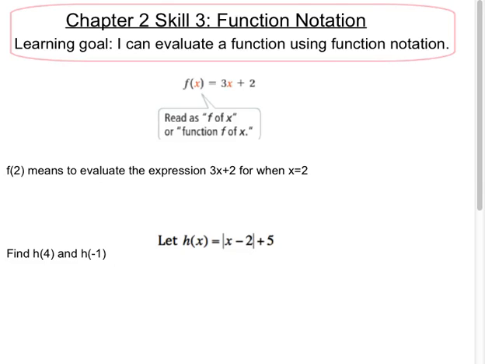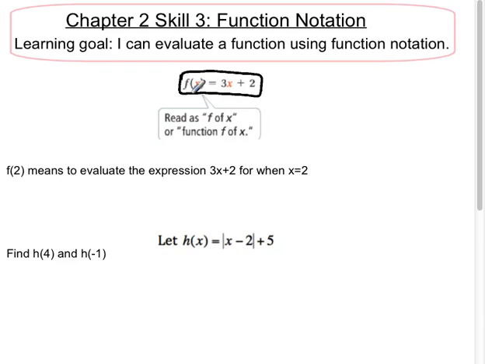When dealing with functions, the next skill that I'd like to work on with you is function notation. Function notation is actually just a very slick way of telling you how I want you to evaluate a function. So for example, this is a function rule. It's telling me f of x equals 3x plus 2.